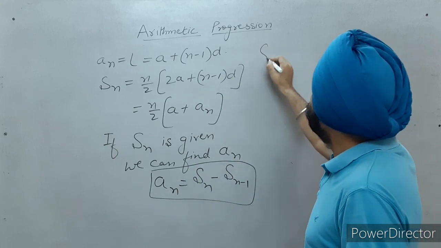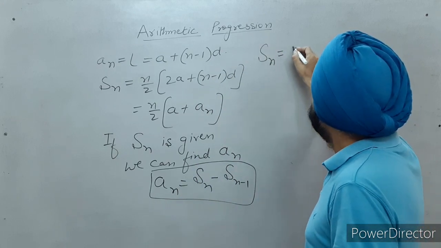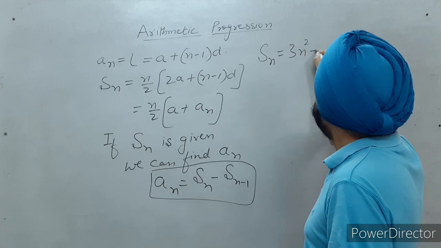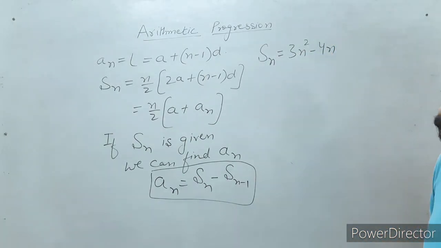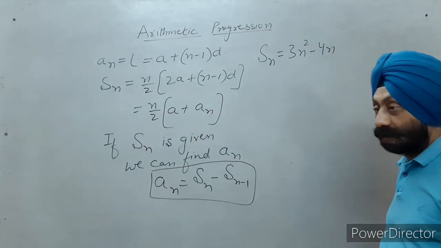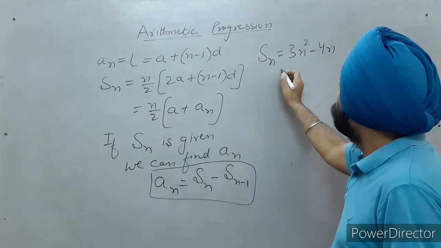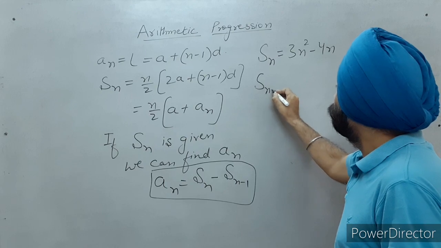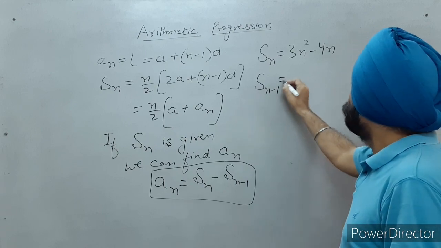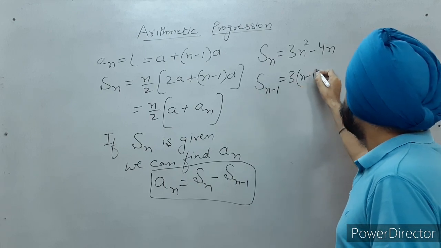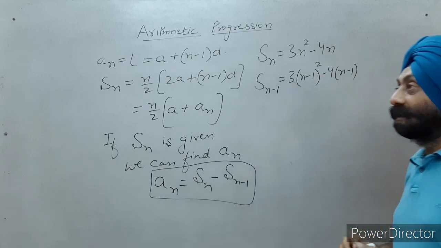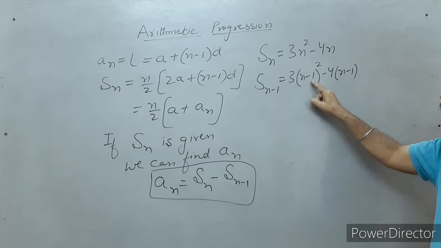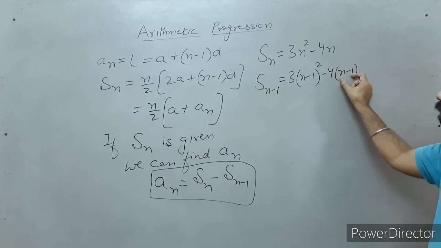Say the sum of n terms is given to me as 3n square minus 4n. Now I want to find the nth term. How can I find it? Replace this n with n minus 1: 3 into n minus 1 whole square minus 4 into n minus 1.